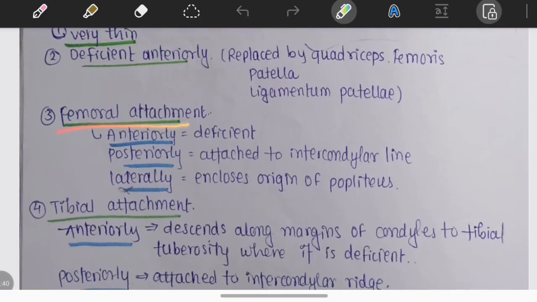Third point is the femoral attachment of the fibrous capsule. Anteriorly it is deficient, posteriorly attached to intercondylar line and laterally encloses origin of the popliteus muscle.